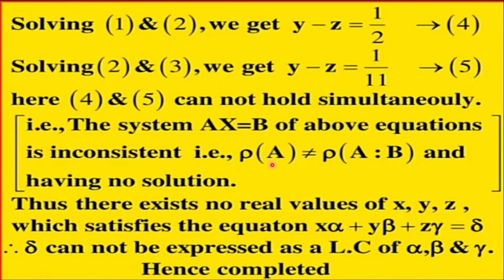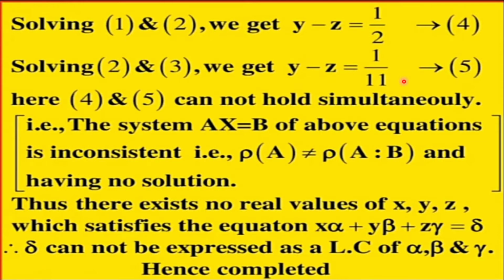Solving 1 and 2, we get y minus z equals 1 by 12, denoted by 4. Solving 2 and 3, we get y minus z equals 1 by 11, denoted by equation 5. Here 4 and 5 cannot hold simultaneously because y minus z cannot equal both. That means 1 by 12 equals 1 by 11, meaning 11 equals 12.